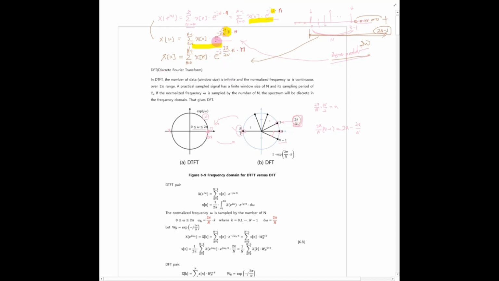So what's the difference between these two? Okay, it's almost the same except for the resolution. We changed the number of data, but we didn't add any information. We just added 0, so we are just increasing the resolution bandwidth.